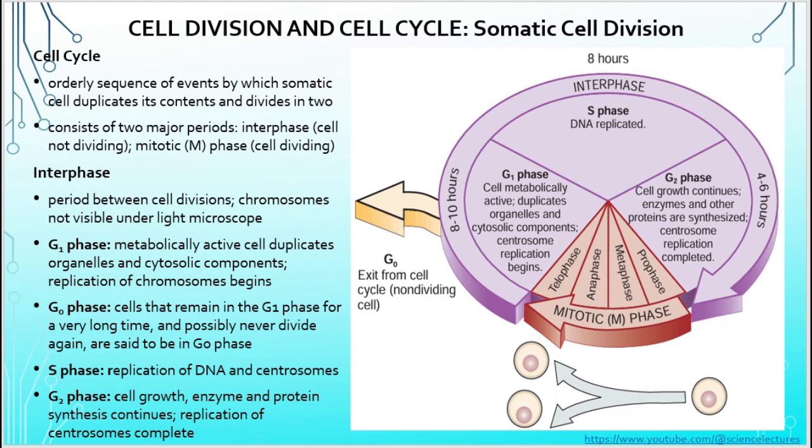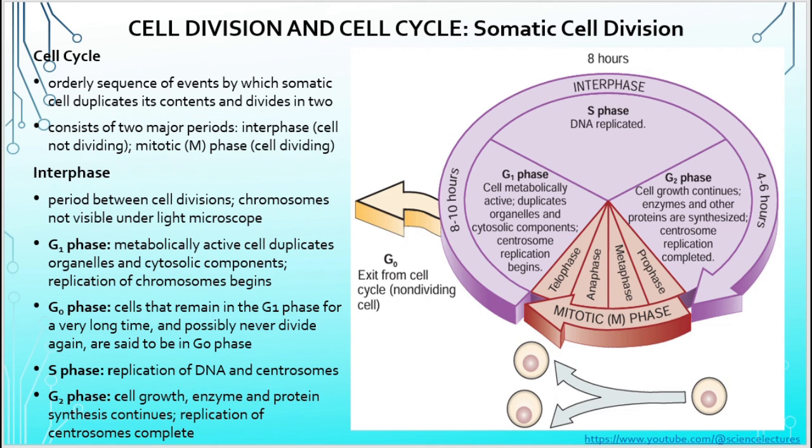There are some cells that remain in G1 for a long time and perhaps never divide again. These are said to be in G0 phase. Most nerve cells are actually in G0 phase. Once a cell enters the S phase, it is committed to cell division.